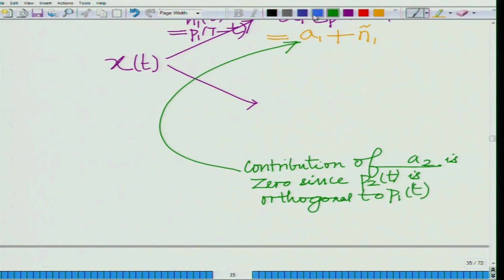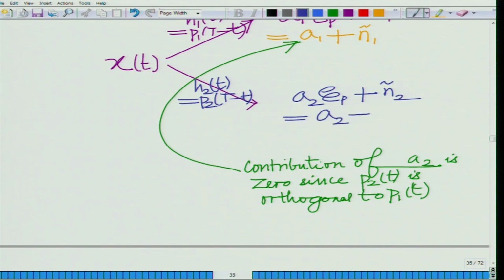to P1 t. Similarly, here when you match filter with H2 t equals P2 T minus t, you get A2 EP plus N2 tilde, this is A2 plus N2 tilde. Of course, this is because the energy of the pulse EP is normalized to 1.